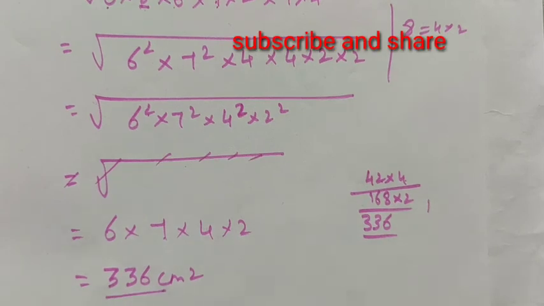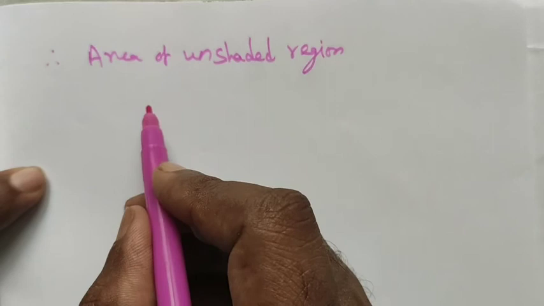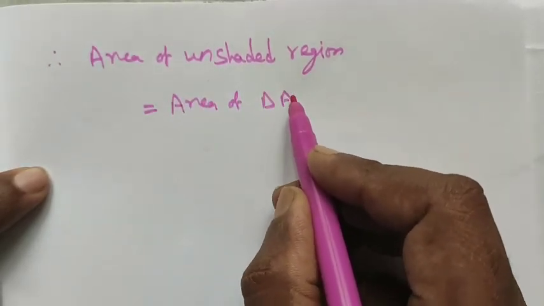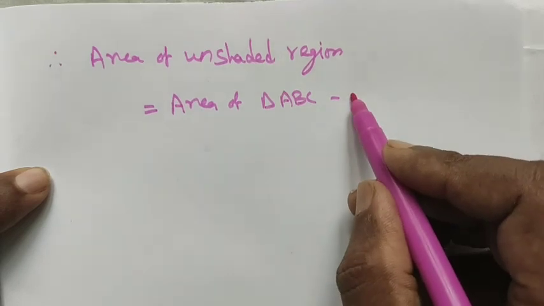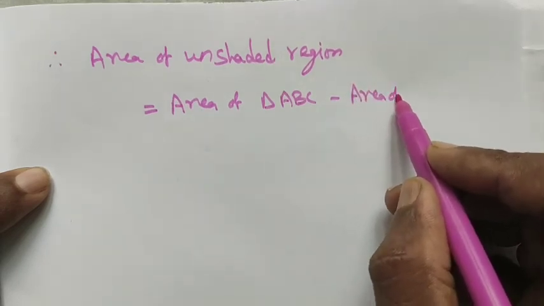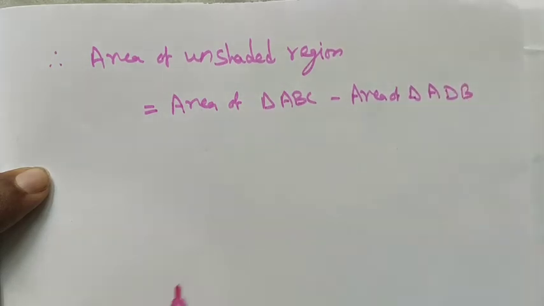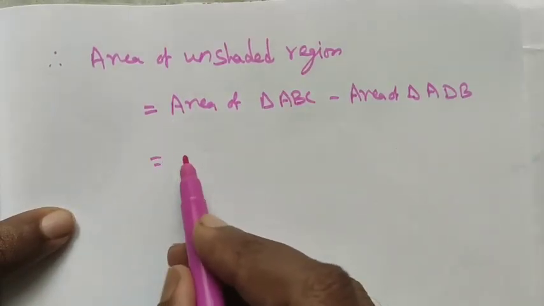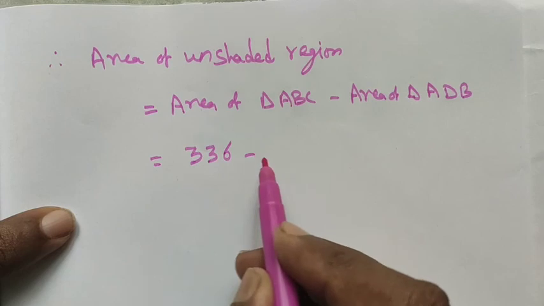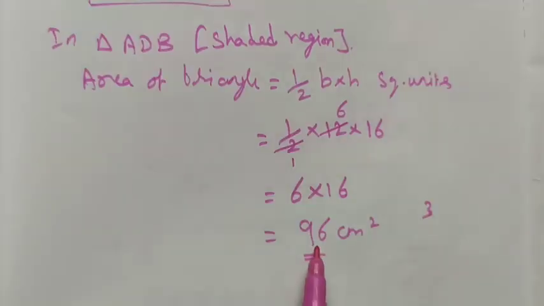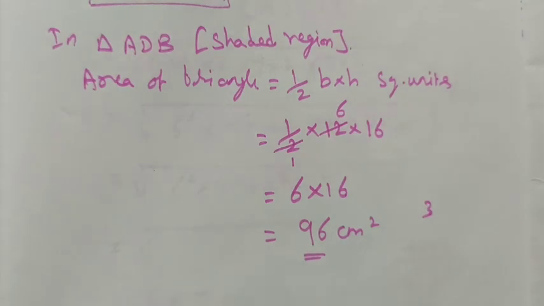Now to find the area of the unshaded region, we need the total area of triangle ABC minus the shaded region, the area of triangle ADB. The area of triangle ABC we found is 336. The area of triangle ADB we found is 96 centimeter square.